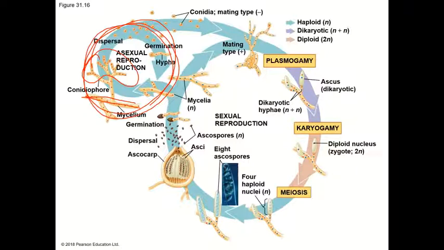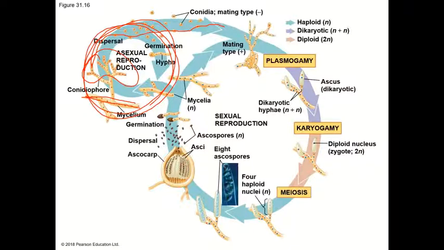When they detach, we have the conidia, and the conidia can land onto favorable surfaces, and they may also grow into mycelia of negative and positive mating types.